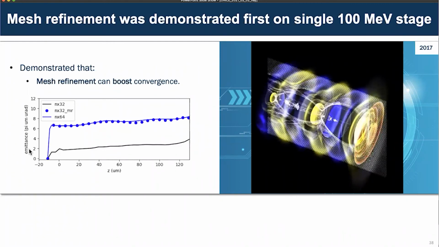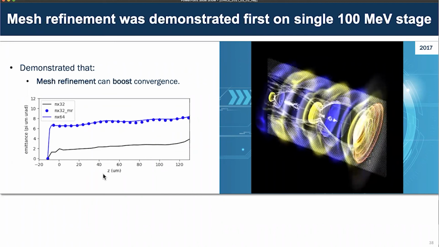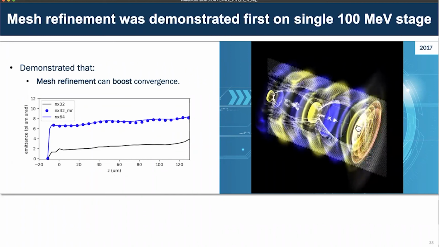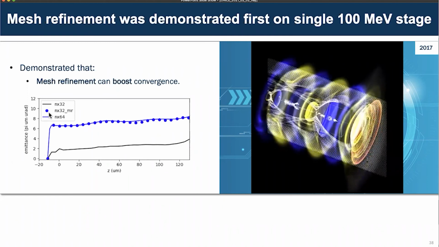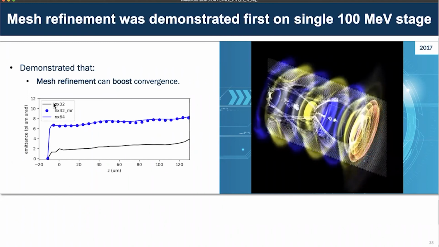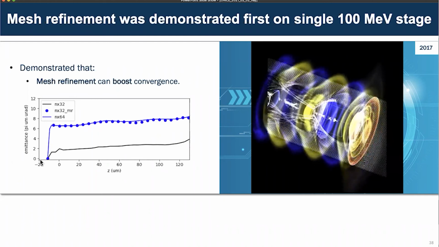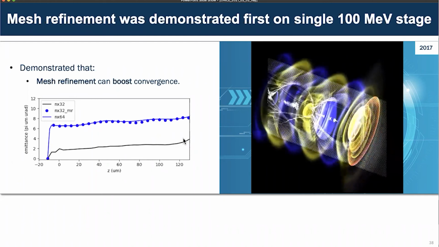And what you see on the left is the emittance versus position of the accelerated beam, and how using a low resolution grid, we get a given result. Using a higher resolution grid, we get a better resolution of the beam, and as it turns out, a higher emittance growth in the end.